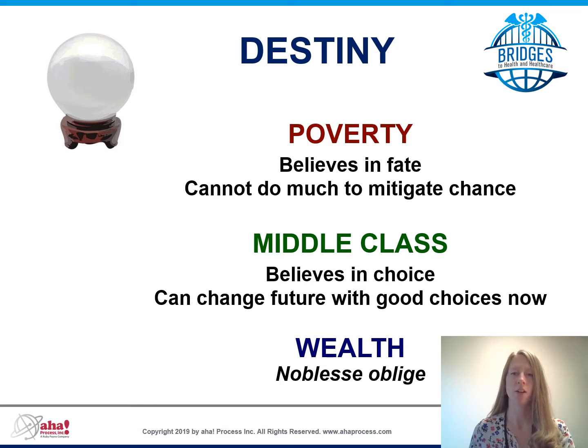In poverty, there can be a sort of shrug of the shoulders that indicates that there's not much that I have control over. If something's going to happen to me, it's simply going to happen. For healthcare, this has huge implications.